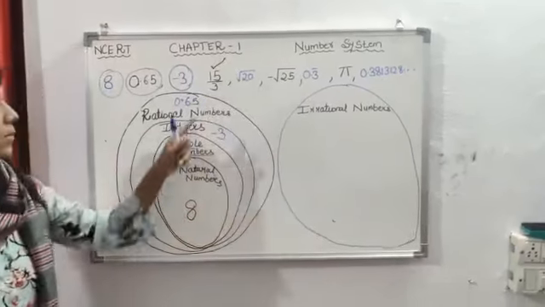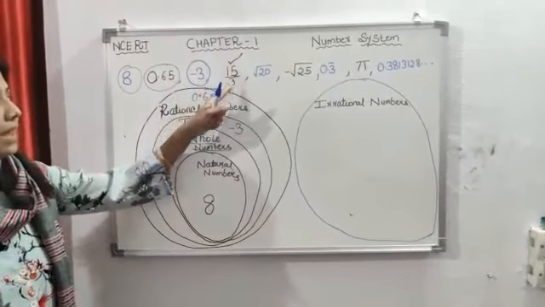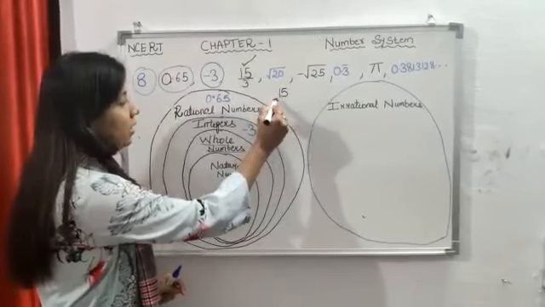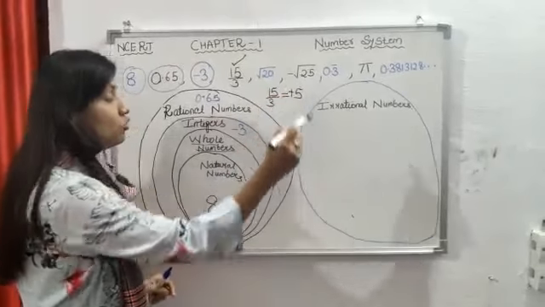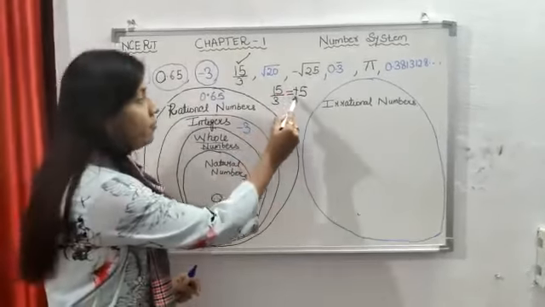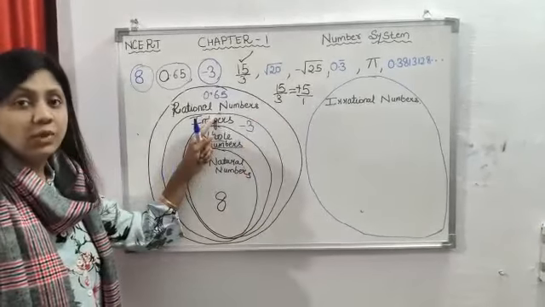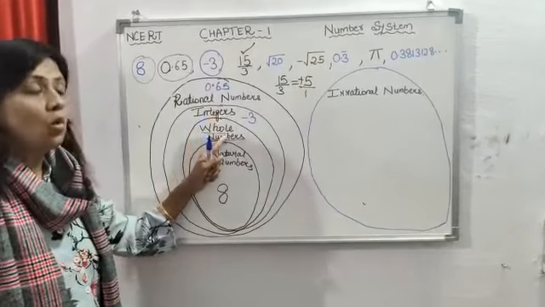My next number is 15 upon 3. Again we can write it in p by q form. When you divide 15 by 3, we will get positive 5. So I can say that 5 by 1 is a rational number. It is an integer, which integer? A positive integer, and positive integers are also whole numbers.